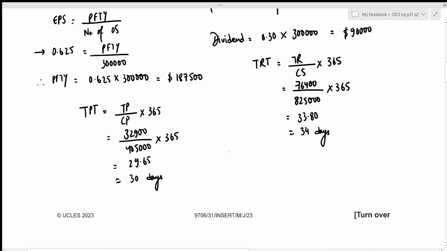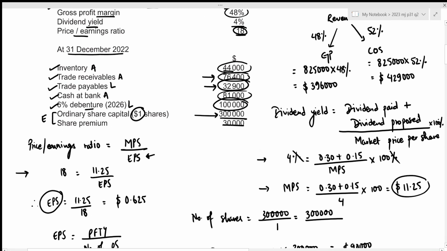Now we need to figure out our inventory turnover. And the formula for inventory turnover is average inventory divided by cost of sales times 365. Okay, so we already have the value for our closing inventory, but we're not given any information regarding opening inventory.